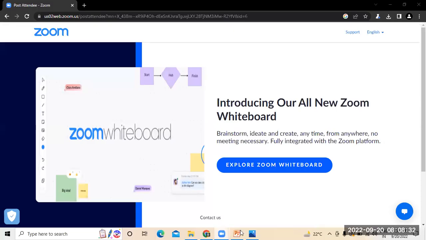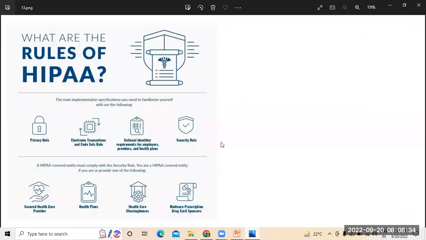As far as HIPAA itself is concerned, there are a few important specifications we must know in reference to the rules of HIPAA. The first one is privacy about the health information of individuals, which comes under the privacy rules.